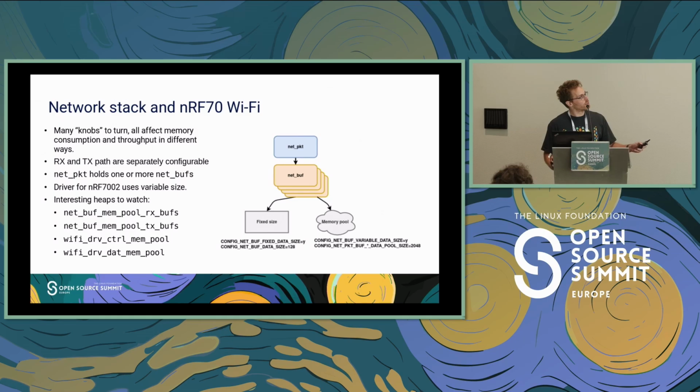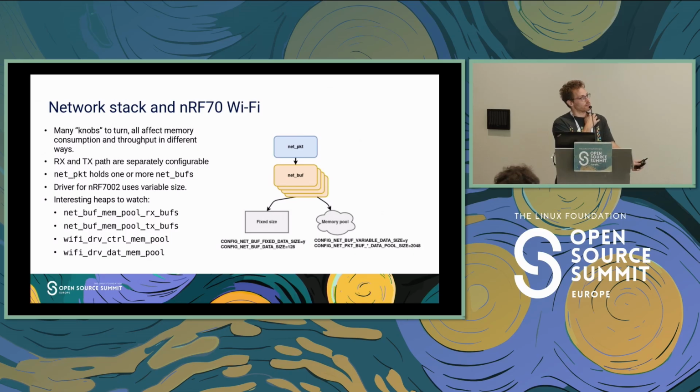The first two control the size of that heap, and this is the Kconfig to control it. The last two are actually memory pools for the nRF70 communication. This changed some NCS versions ago. Initially, if I remember correctly, this was just done in the main heap, but then it was split into data and control planes.